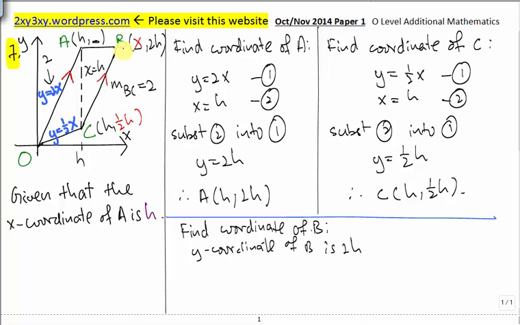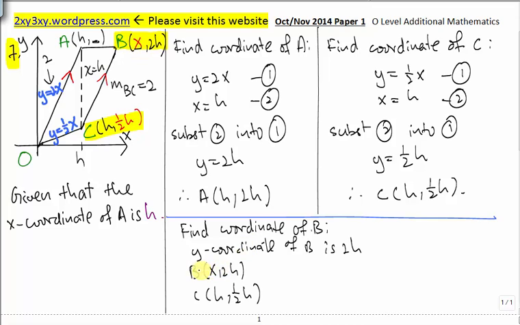Okay, now we have 2 points here, 1 point here and 1 point here. If we have 2 points, we can use the formula of gradient to find the gradient of this line, and we know that the gradient of this line is equal to 2. Then from there we can form an equation and solve for the value of x. Okay, let's do it.